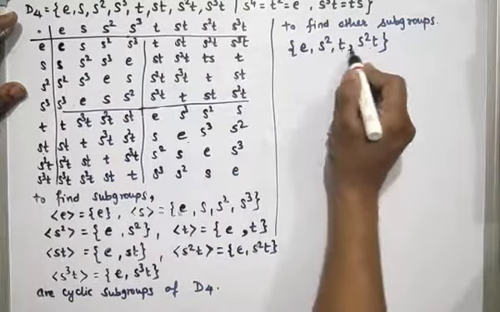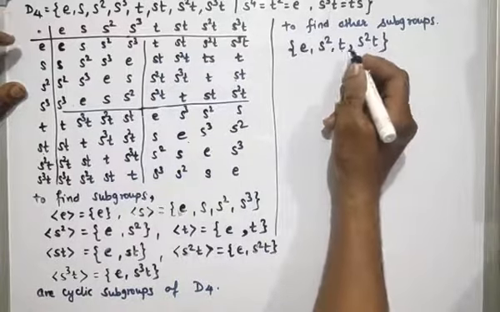So identity, S square, T and S square T is a subgroup of D4.